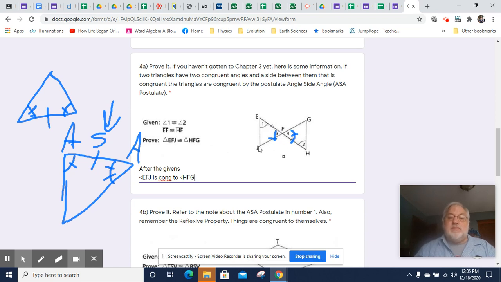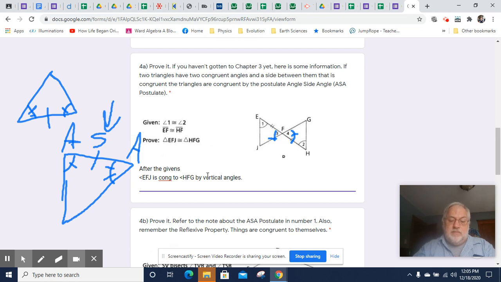So this J corresponds to this G. So EFJ, and I start with the one that corresponds with HFG, is congruent to HFG by vertical angles. And then now I know that the triangles are congruent.